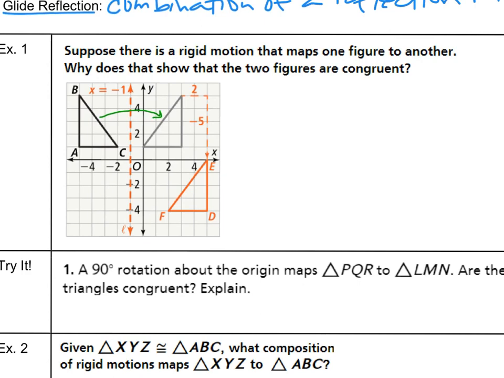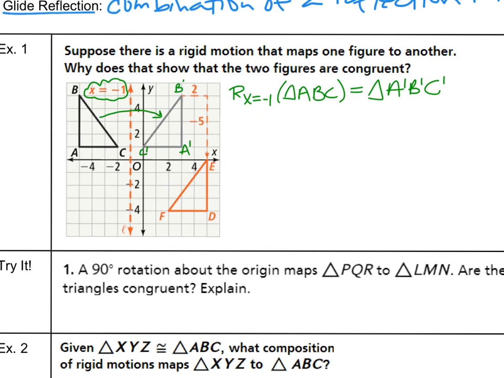As a composition, that would be the reflection over the line x equals -1 of triangle ABC, which is equal to, since they didn't label it, we'll label it A prime, B prime, C prime. So C would go here on the bottom left, A prime's on the bottom right, and B prime is up at the top.